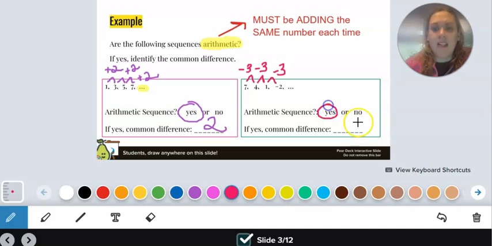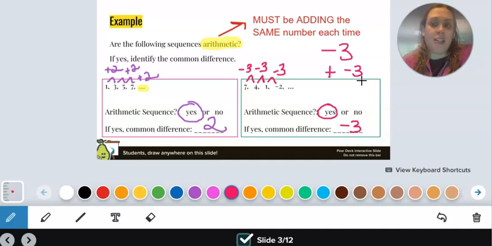So yes, this is arithmetic. It looks like subtraction. That just means our common difference is negative, right? If we're subtracting 3, remember that's the same thing as adding a negative 3. Subtraction is just adding negatives. Beautiful. So we have two arithmetic sequences and we see their common difference. When you're all set, push ahead to slide 4.